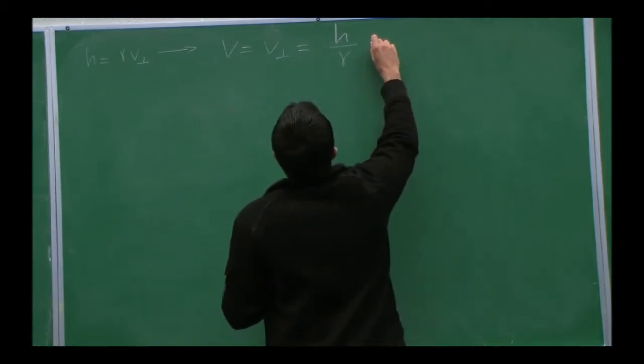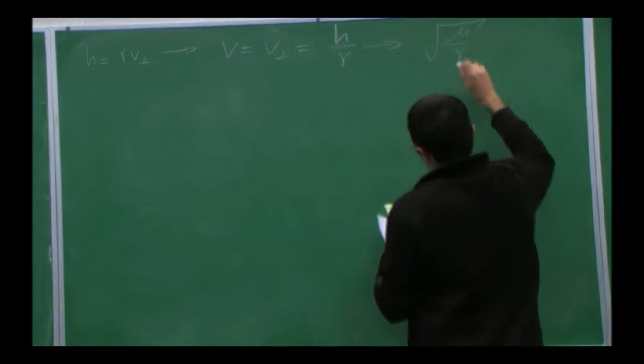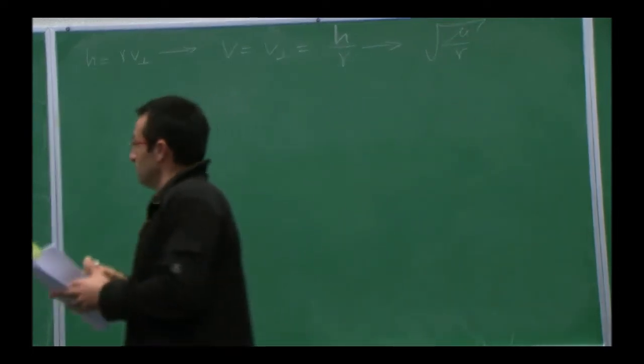And so this is also equivalent to the square root of mu over r. Do we see that? How do you prove that?